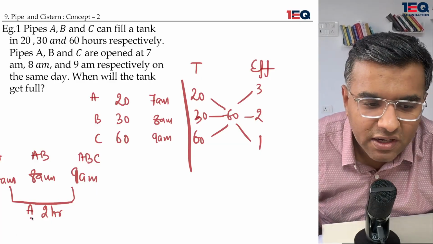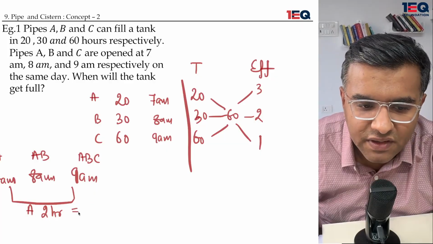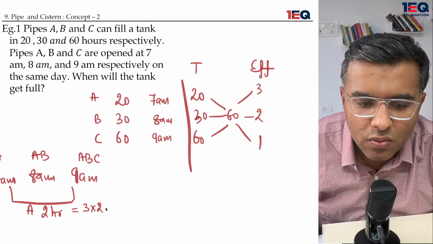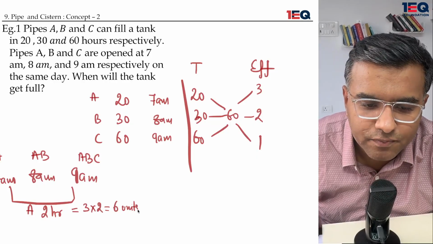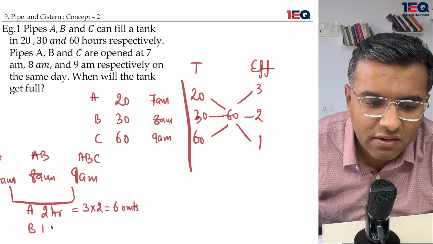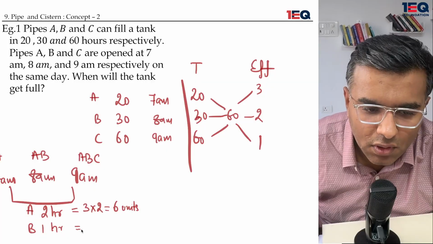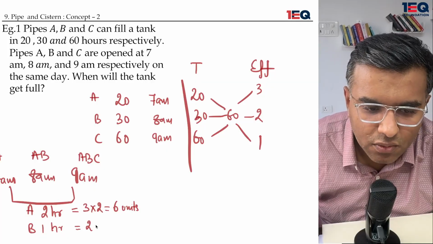So A has already done 2 hours of work. The efficiency of A is 3. So 3 into 2 means 6 units of work has already been done by A. B has already done 1 hour of work, which is equal to 2 units.